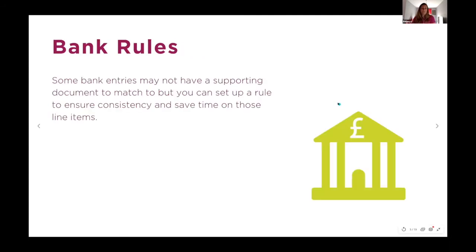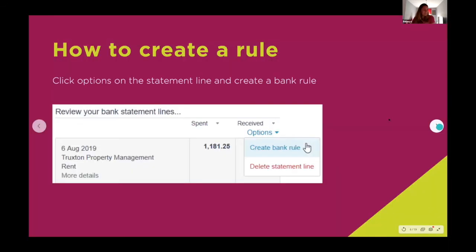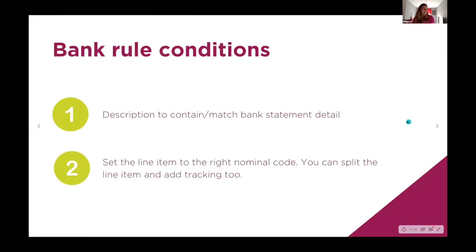We had a quick look at bank rules. As Frankie demonstrated, you can set up your bank rules. They're a really good idea for those wages, charges. You can specify lots of differentials on there. Here's a quick example of how to do it. You click on options, create that bank rule, and that will save time and give a bit more accuracy to your data when you're posting it.